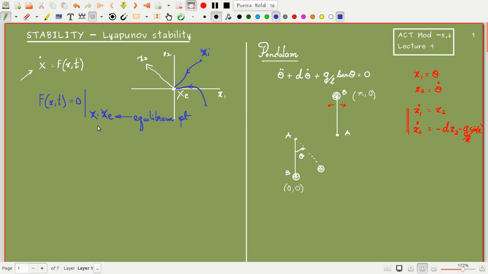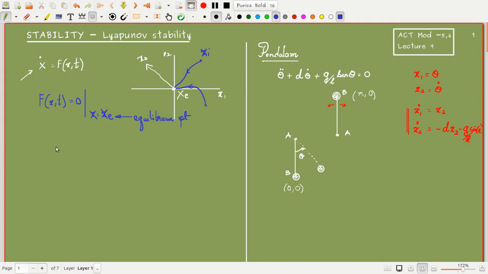Okay, so now in the first lecture we had seen that for a nonlinear system we can have multiple equilibrium points, and the word that I didn't specify there was multiple isolated equilibrium points.